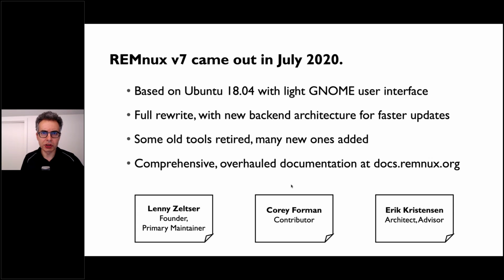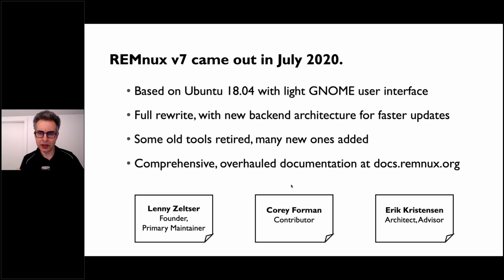REMnux version 7, the one that we are currently discussing in this session, came out in July 2020. It is based on Ubuntu 18.04, and the architecture has been recreated from scratch. It's a full rewrite, which is one of the reasons why it took so long to put this out.